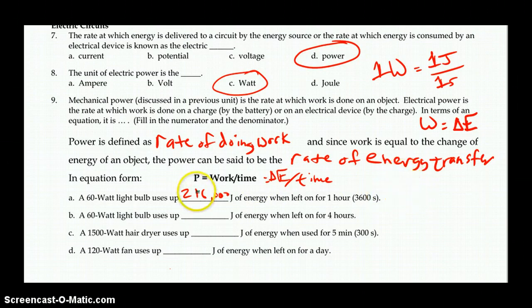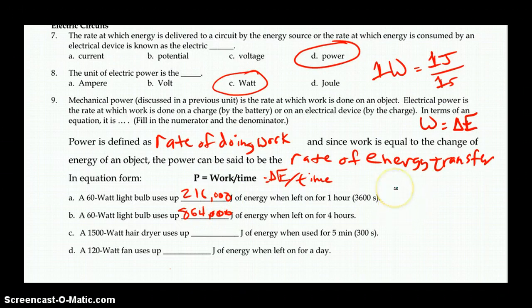And a 60-watt light bulb would use 4 times as much of that if we were to leave it on for 4 hours. So that's 864,000 joules, 4 times 216,000, if we leave it on for 4 hours.